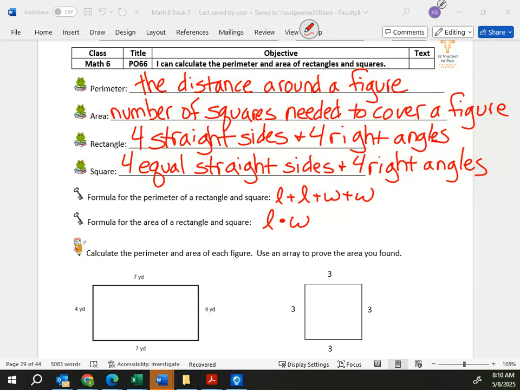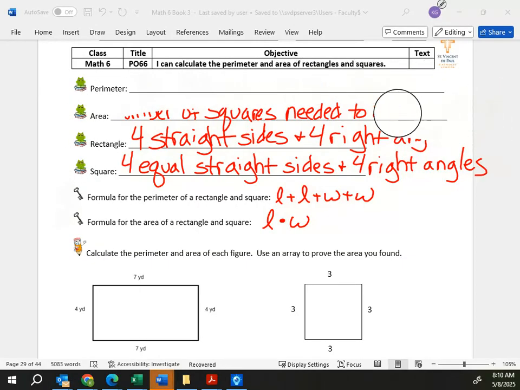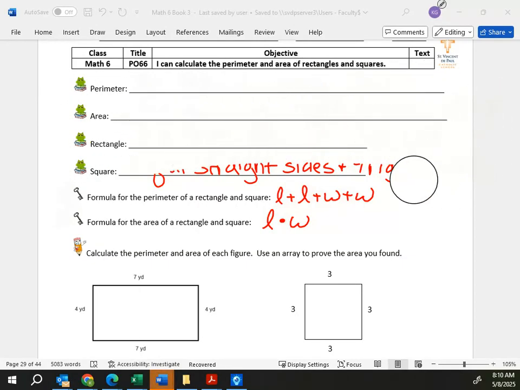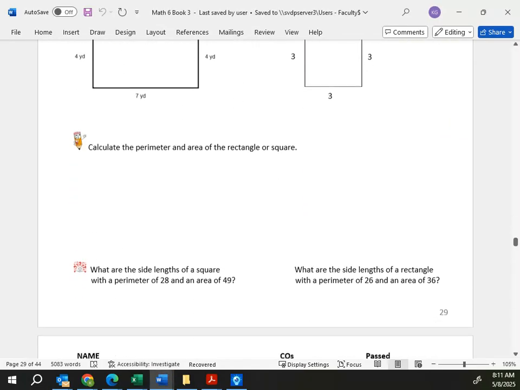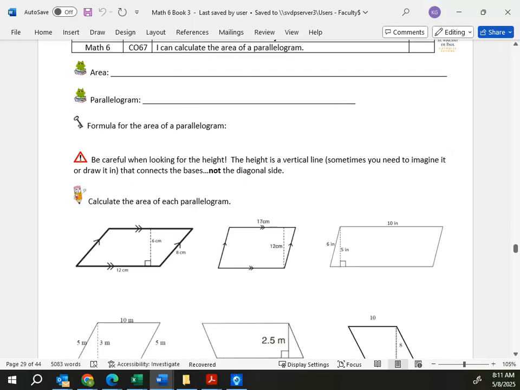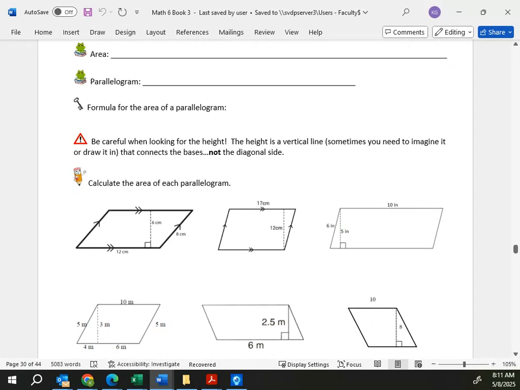So you should have your definitions. You should have your 2 formulas. And this is all straight from your binder, so if you didn't get it all written out, you should be able to go back to it to finish it up. Now we have the parallelogram. We already wrote out our definition for area, so we know that.